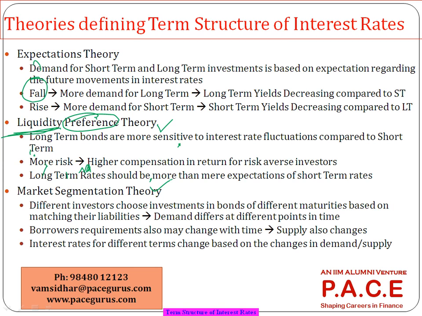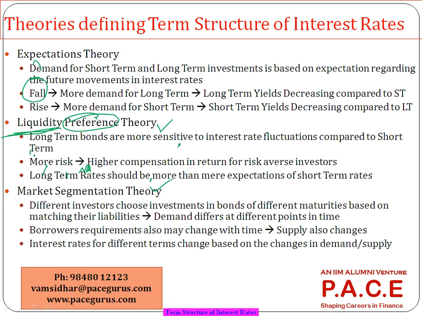So for the various investors, their investment needs are completely different. If I'm talking about a bank, probably they prefer more of short term investment because their liabilities for a bank are nothing but the deposits which they are collecting from the depositors. So they may withdraw at any point, which means the liabilities for the bank are very short term in nature, whereas for a pension fund company, they are more long term in nature.